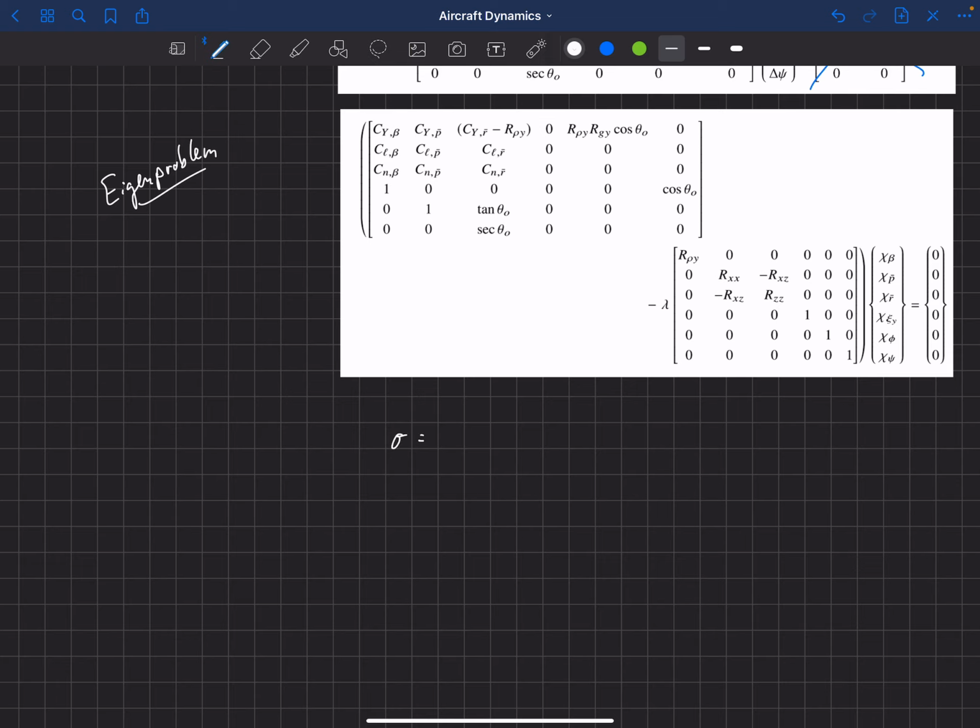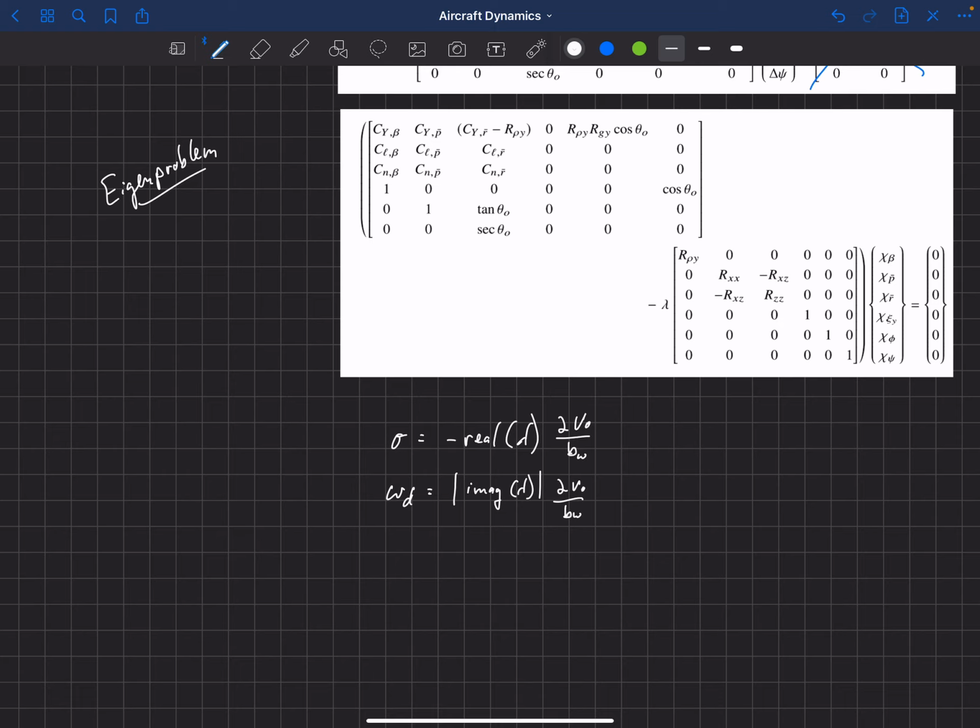So for example, our damping is going to be minus the real part of lambda multiplied by 2 v naught over b sub w. That's what we use to non-dimensionalize. And so now we're redimensionalizing to get sigma. The damped natural frequency is going to be the absolute value of the imaginary portion of lambda multiplied by 2 v naught over b sub w.